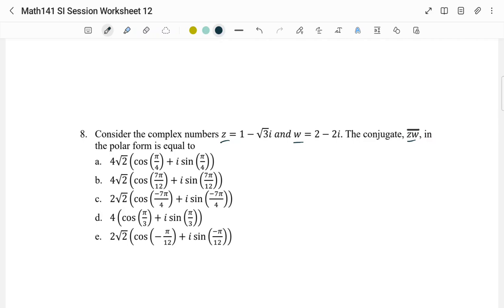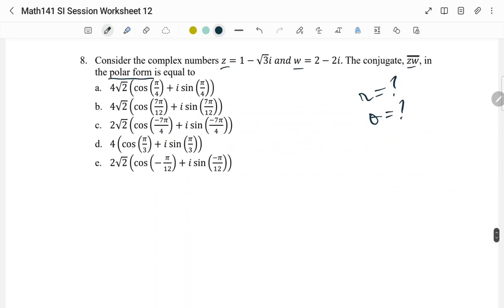So first you multiply, find the conjugate in the general form a plus bi, and then you have to find the r value and the theta value for that conjugate, so you can express it in the polar form, right? Which we've done before.